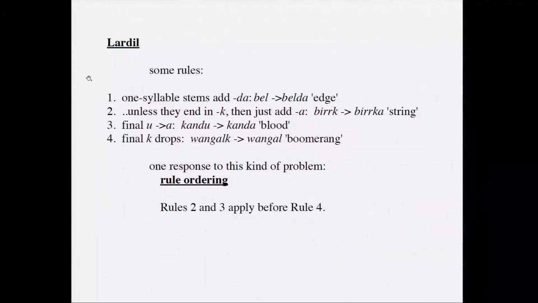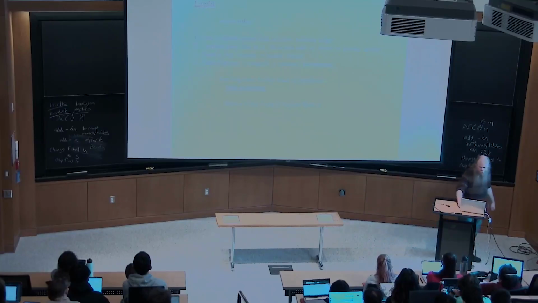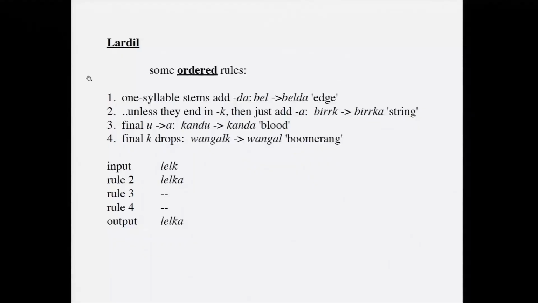If you are starting with lelk, the basic form for head, you first apply rule 2 and get lelka. Having applied rule 2, which adds the a after lelk, you're not in any danger of applying rule 4, which would have gotten rid of a final k, because there isn't a final k anymore.